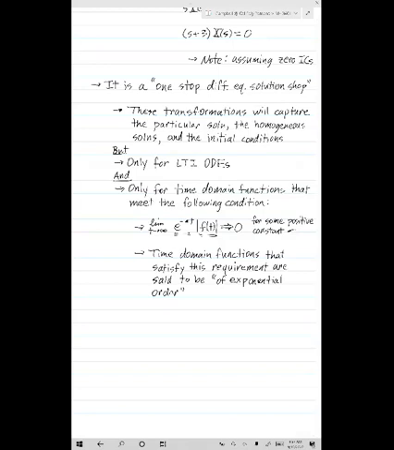Now, you might ask, well, how does this make sense? So let's go ahead and see that when we are dealing with something like, and here I'll just do a little aside.